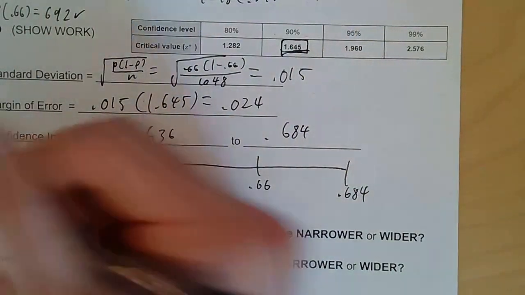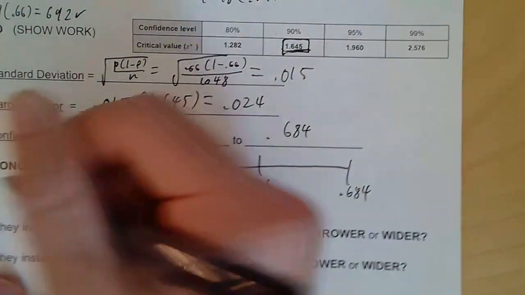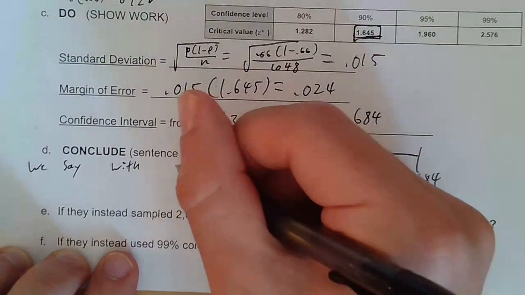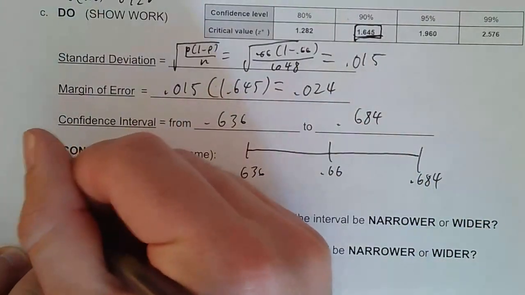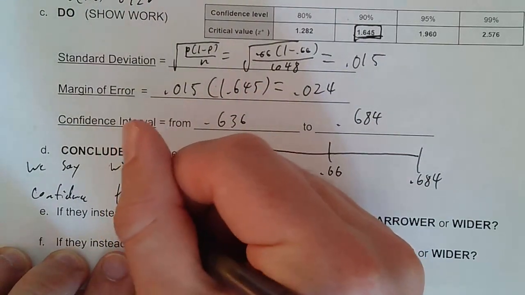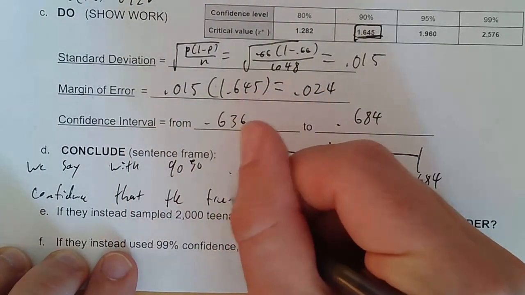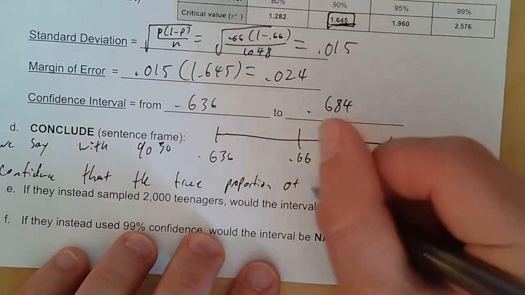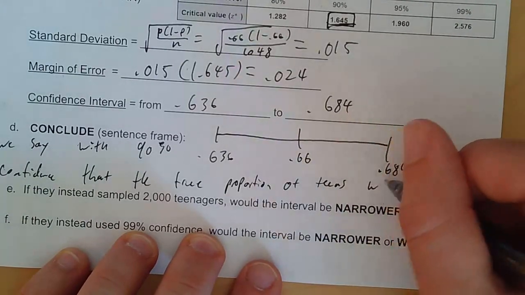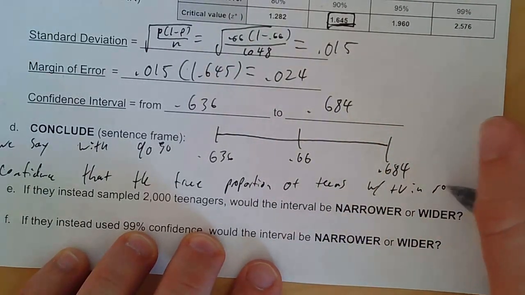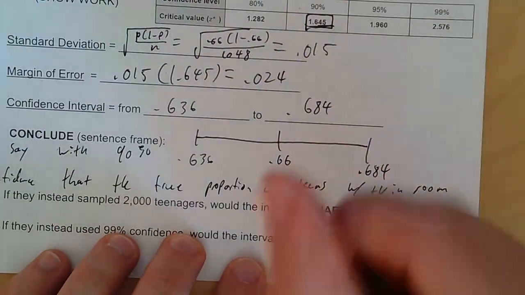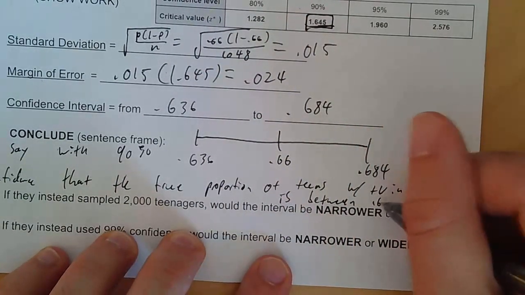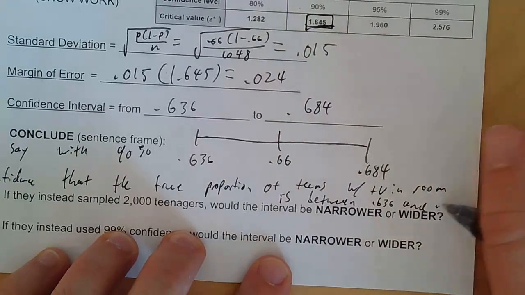So we say with 90% confidence that the true proportion of teens with TV in room is between 0.636 and 0.684.